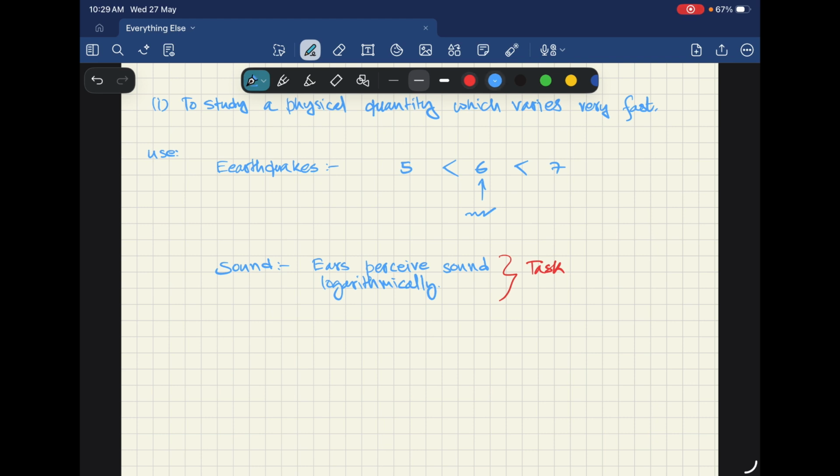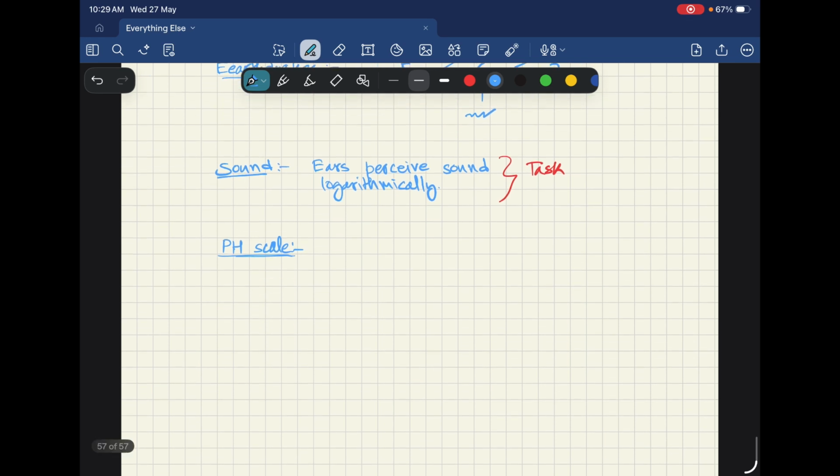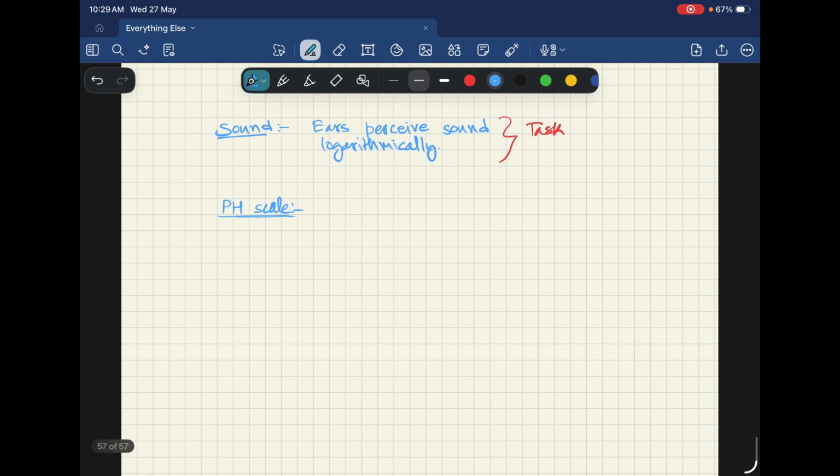Another example is the pH scale. We use the litmus paper and then match the color, and we get the pH values to find if the thing is acidic or basic or neutral. That scale is also logarithmic. Another place where it is widely used is in astronomy.